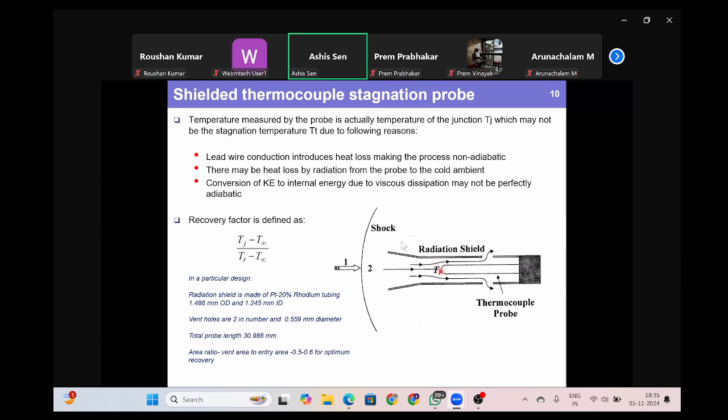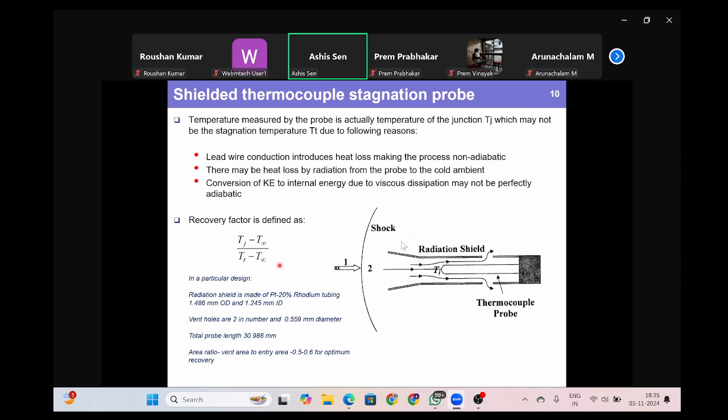Okay. Because of these losses, the stagnation temperature differs from the actual temperature that you measure. The actual temperature that you measure is Tj, and the stagnation temperature should have been higher than that.